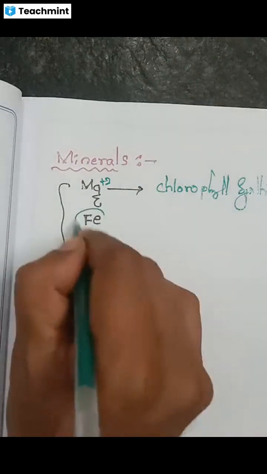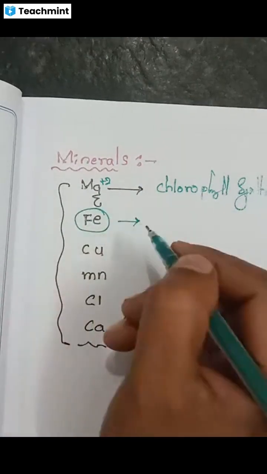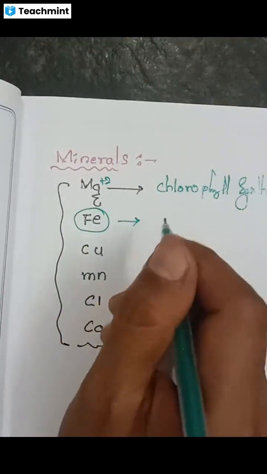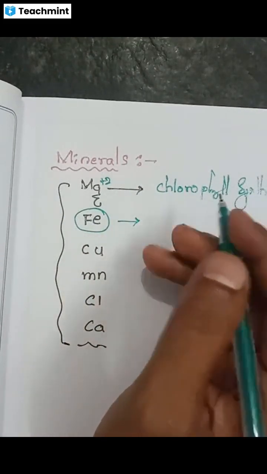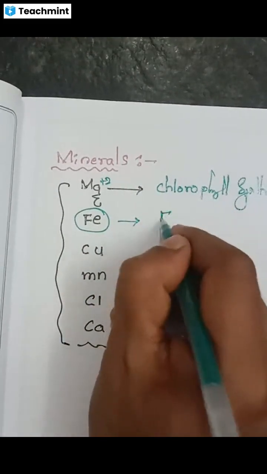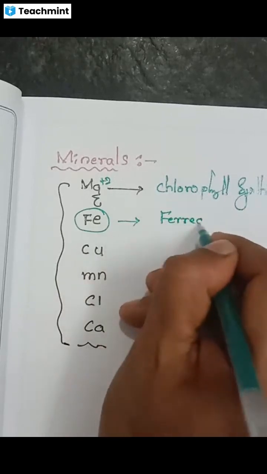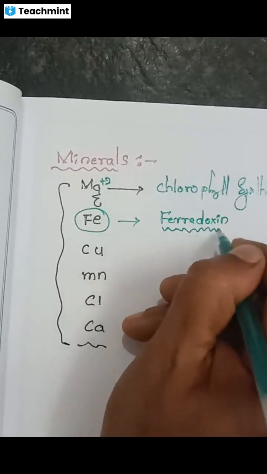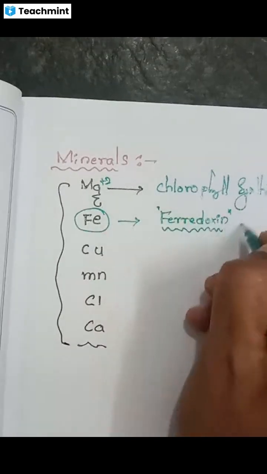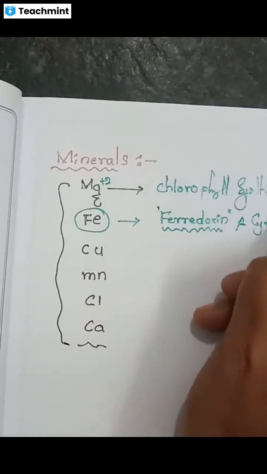And next one, iron. Iron is one of the most important components in pyridoxine and cytochromes.